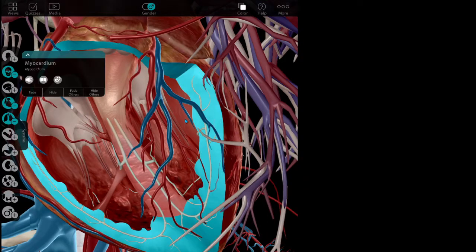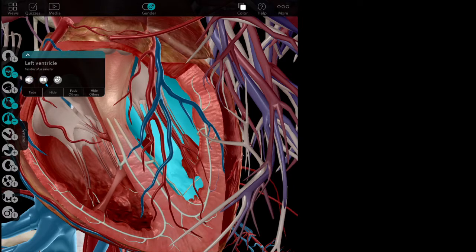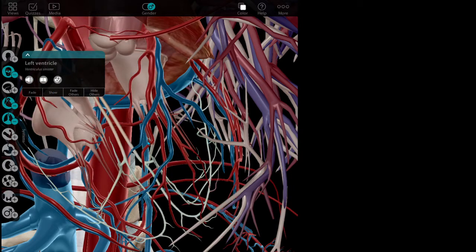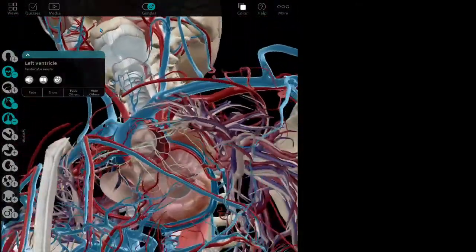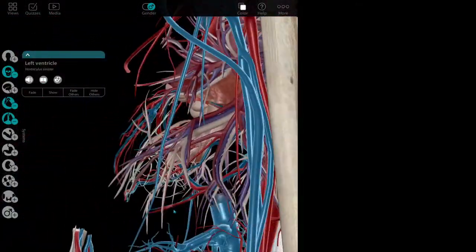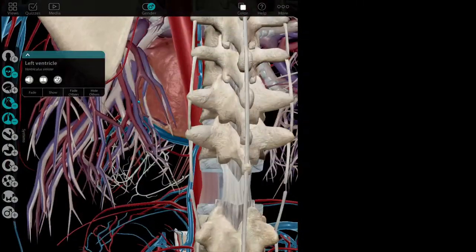If you remove the ventricles, this is the appearance. You see this is the right atrium, and this is the left atrium.